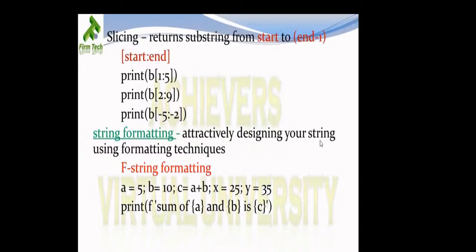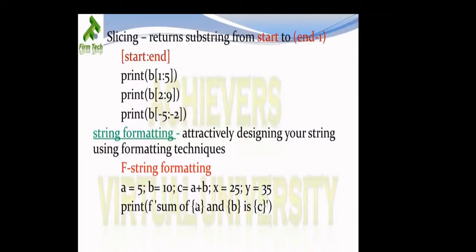Let us take some variables: A with value 5 and B equal to 10, C is equal to A plus B, X is equal to 25, and Y is equal to 35. See the statement, print of F. This F represents the F-string formatting, continued by the string within quotes.